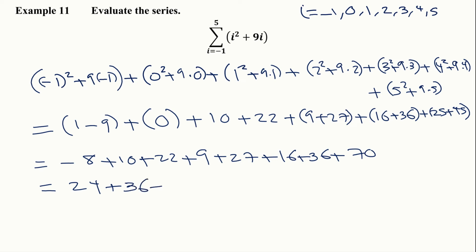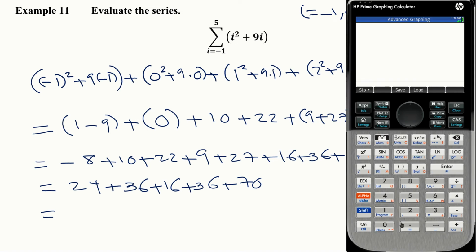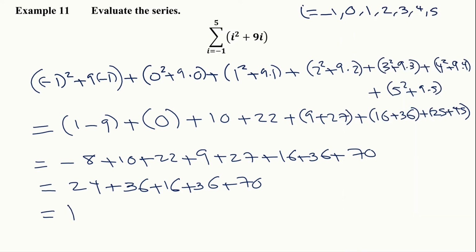And 16 plus 36 plus 70. All right, so that should be good enough. We'll go ahead and figure it out now. So 24 plus 36 plus 16 plus 36 plus 70. So 182 is the value of that sum. Okay, so very easy. Just have to be patient and careful.